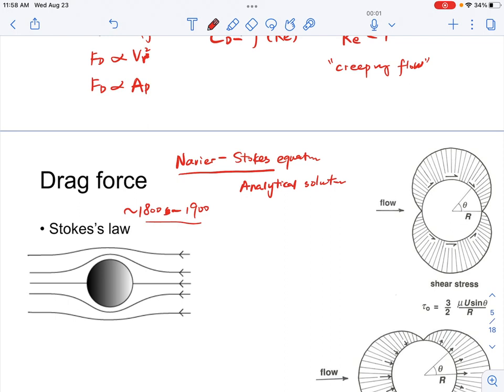By default, for most scenarios, the Navier-Stokes equation is not going to have an analytical solution.